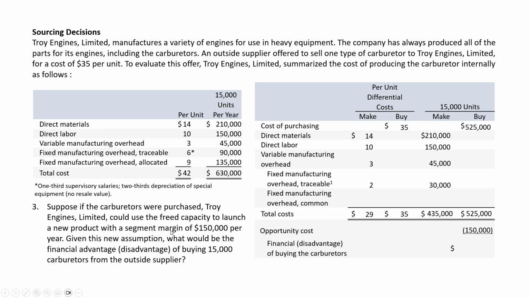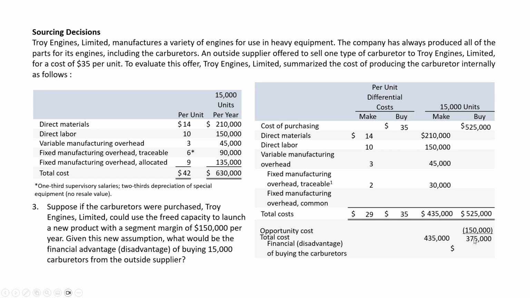So if we choose to buy, we would earn an additional $150,000. The way our text has chosen to present this is they've said, well, if we can earn an extra $150,000 if we free up the capacity, let's subtract that $150,000 from our prior total cost to buy of $525,000.